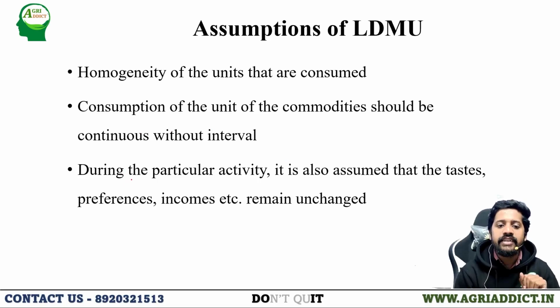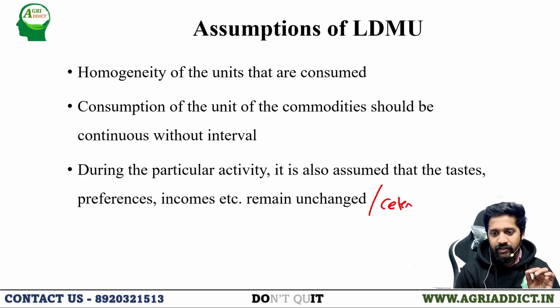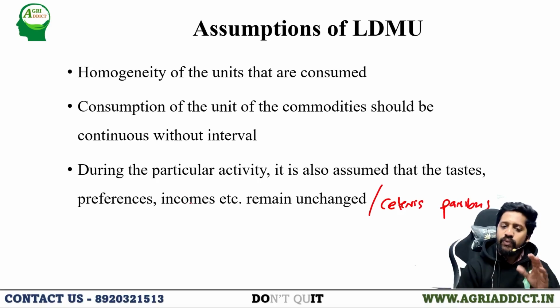And the third one is that during this consumption, it is also assumed that taste, preferences, income, everything remains unchanged, or else ceteris paribus. So while I am consuming, my taste and preference should not change.